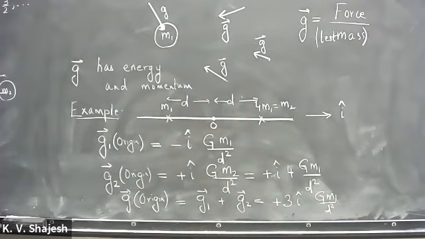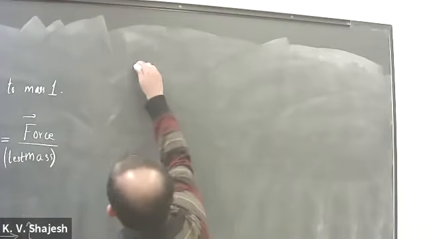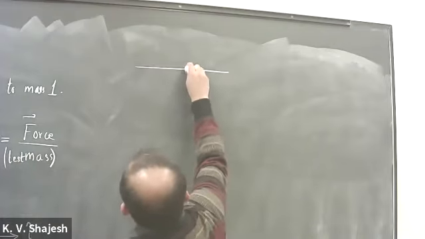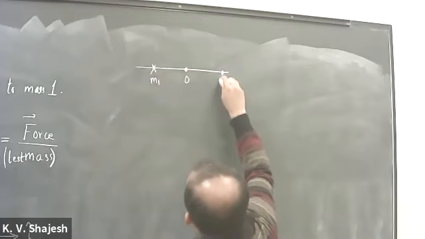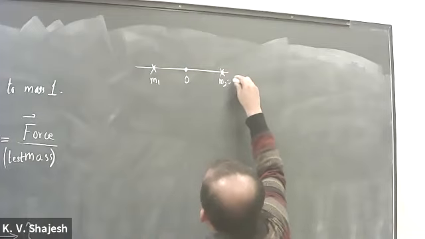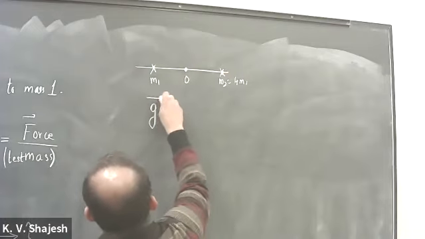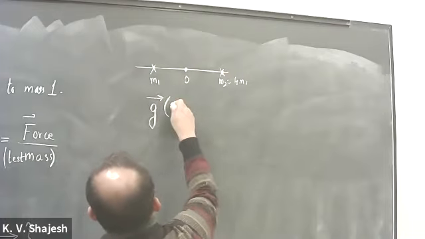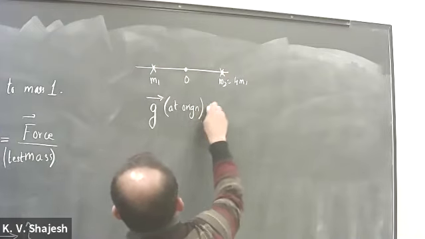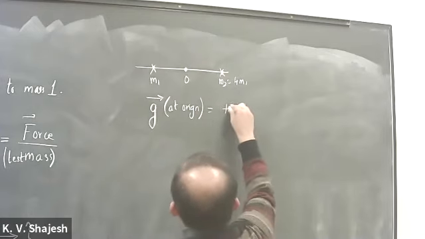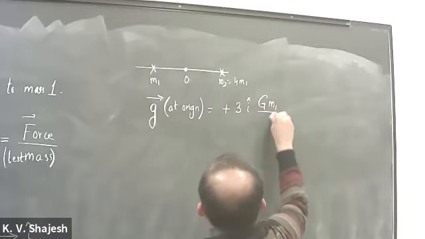Having got that, let me continue on to the next part. Again drawing the same picture: that's your origin O, that's M1, that's M2, which is 4 times M1. What we have calculated is the total gravitational field at the origin, which is equal to plus 3 times i hat times G M1 over d squared.